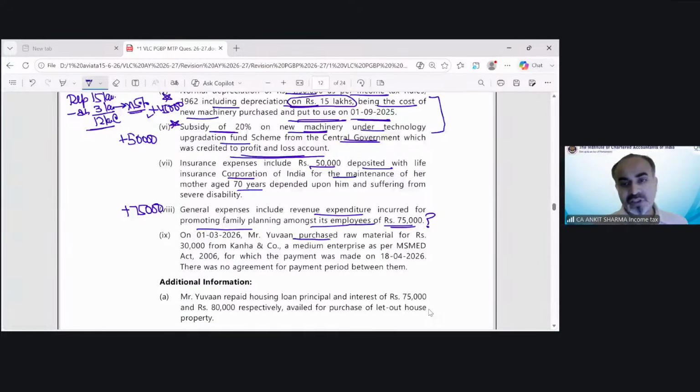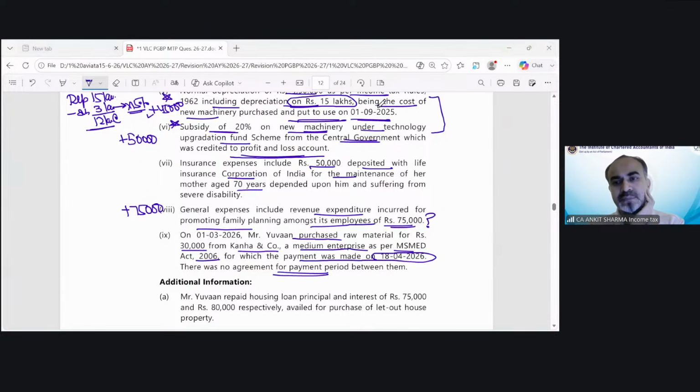Mr. Yuan purchased raw material for rupees 30,000 from Kana and Company, a medium enterprise as per MSMED Act 2006, for which the payment was made on 18th April. That means after 45 days, there was no agreement for payment period between them. That means the limit of 15 days should be applicable. So what should be the treatment? Do I allow it or disallow it?